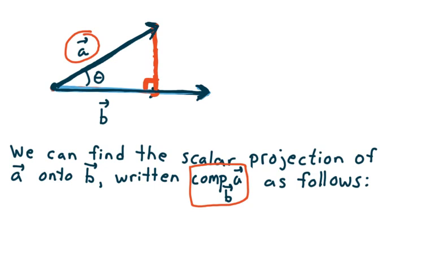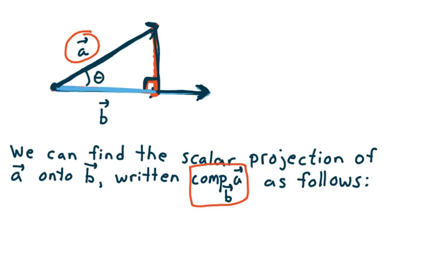I'm going to drop a perpendicular from the tip of A down to B. That's right here, and that makes a 90-degree angle with vector B. We want to find the scalar projection of A onto B, and in this context, that's going to represent the length of this side.